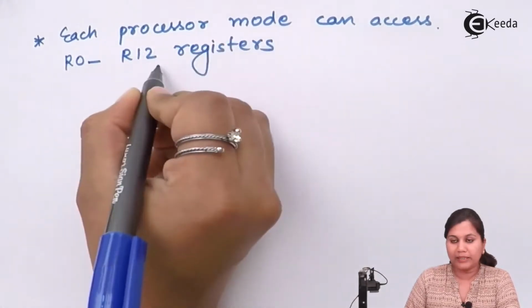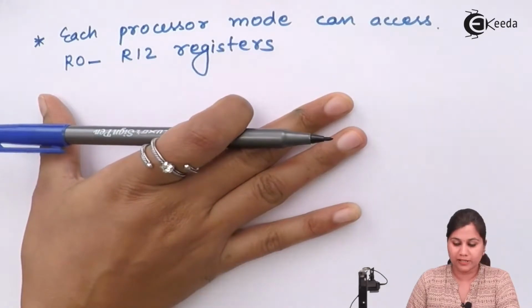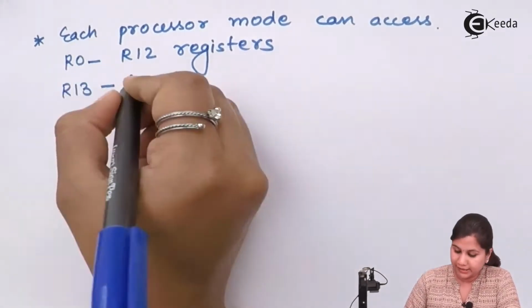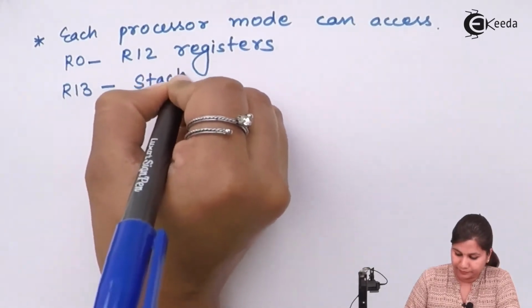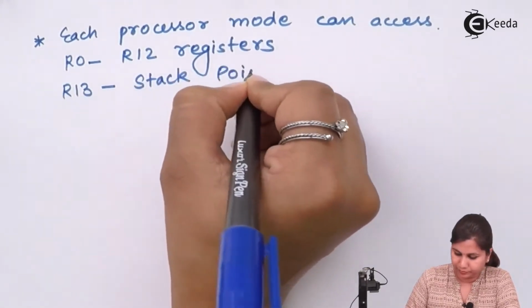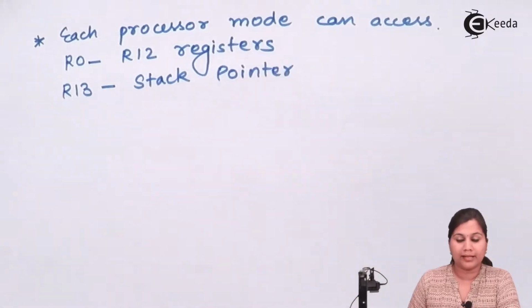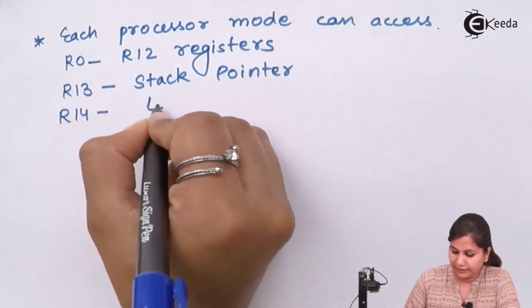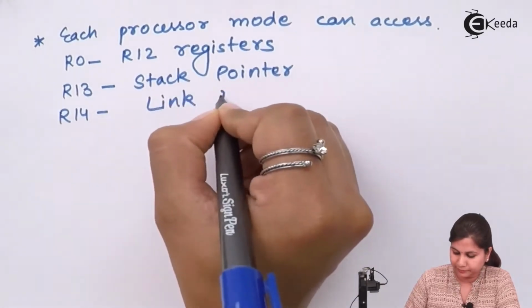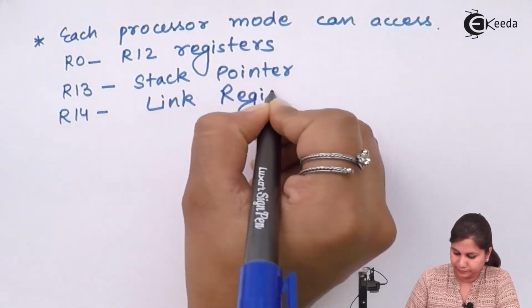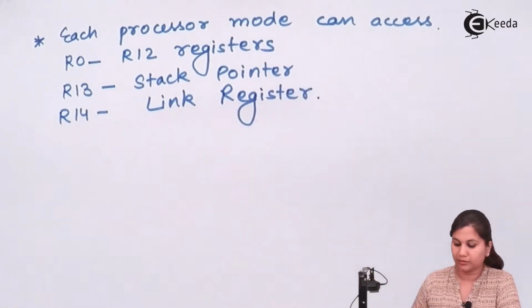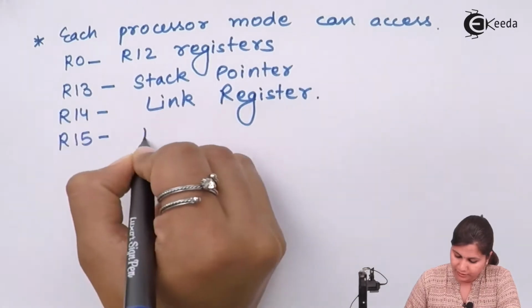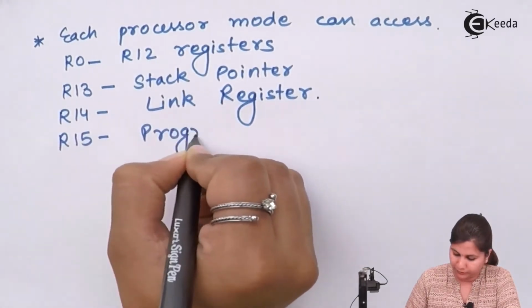R0 to R12 will be the general purpose registers. Then we have R13, which is the stack pointer. Then we have R14, which is the link register. Then we have R15, which is the program counter.